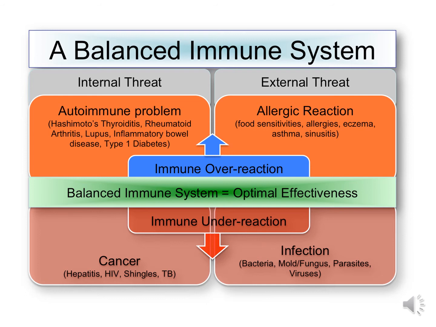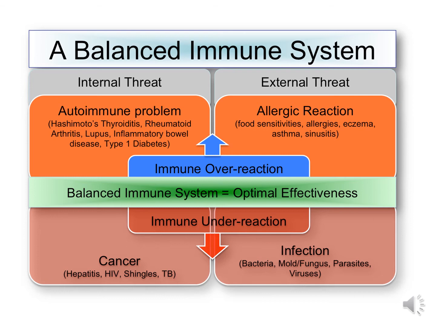But in case of immune pathology, we see immune overreaction, and in some cases we see underreaction. When we are talking about a balanced immune system, we understand that the immune system has optimal effectiveness with no over or under reactions.